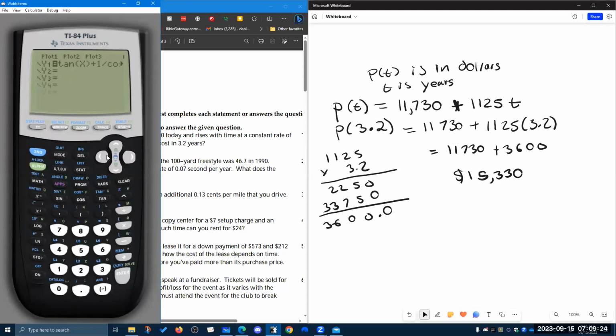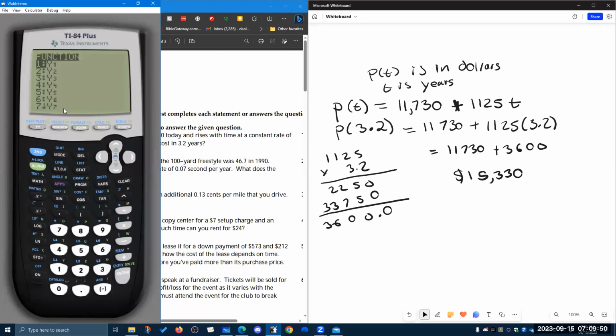So when we go into y equals, we can make our function here 11,730 plus 1125, and we have to use the variable x. That's our only variable that we have in function mode. We're going to quit. We can go out to our vars menu, y vars.